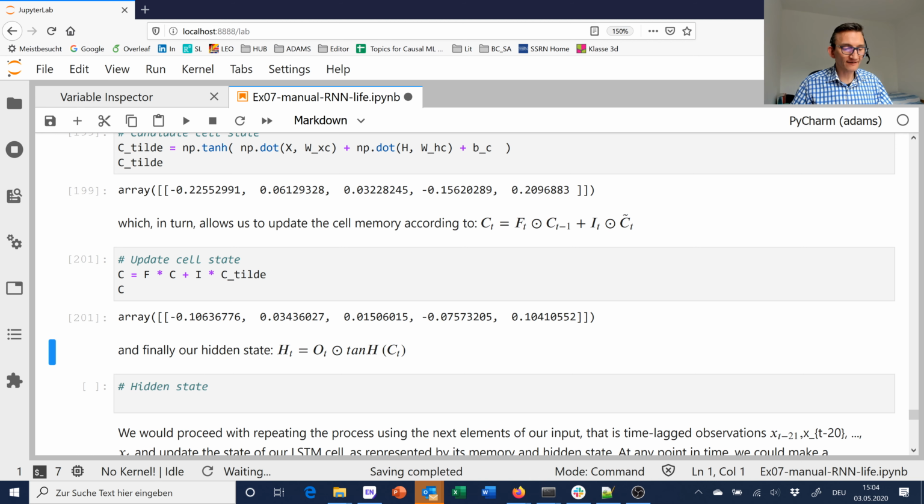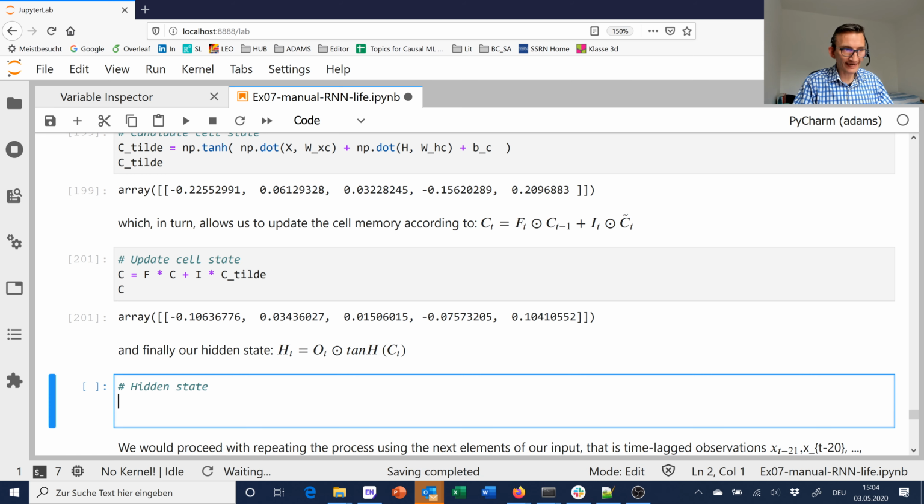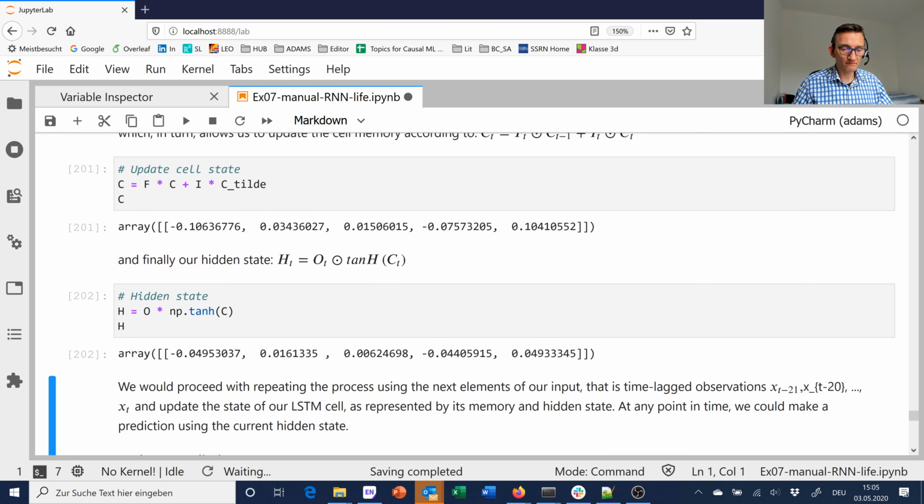And from that, we can finally produce our next hidden state, which happens to be the value of the output gate times the tanh of the cell state. There you are.